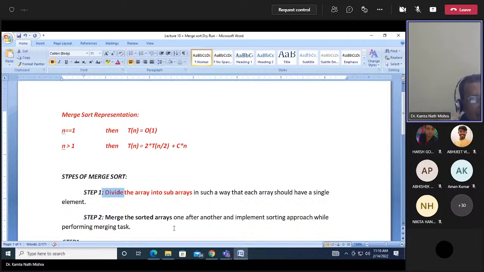When will you stop the division? If each array has how many elements? Single element. It means that initially, if in the array 10 elements were there, then how will the division take place?